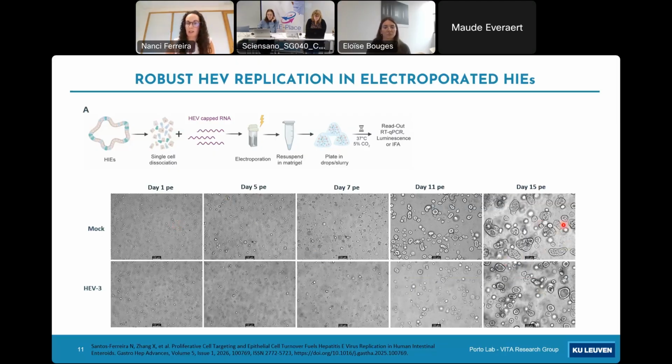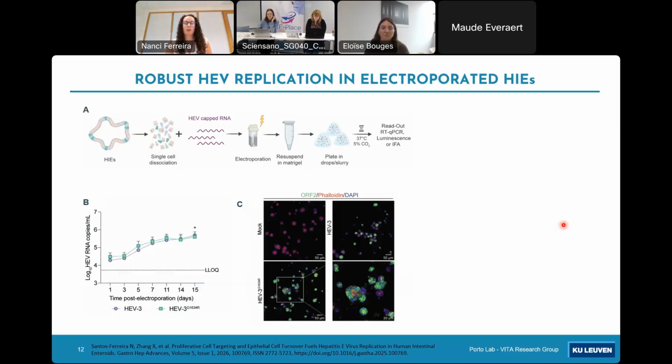So these electroporated enteroids sustained HEV replication over time and proved to be the most effective method to reach higher titers of the virus. Here we are looking at the quantity of virus that was excreted in the supernatant of the cultures.